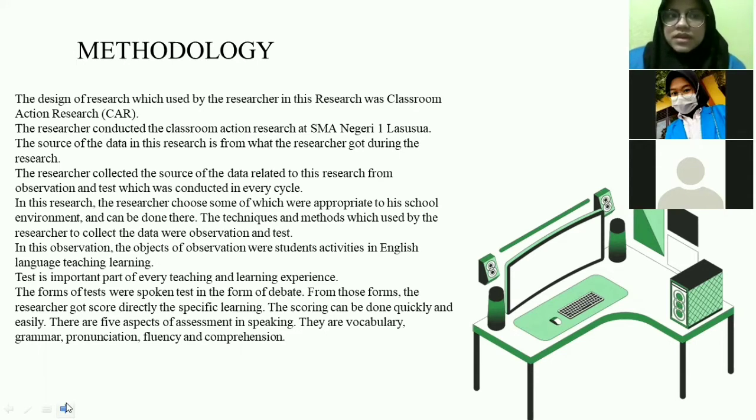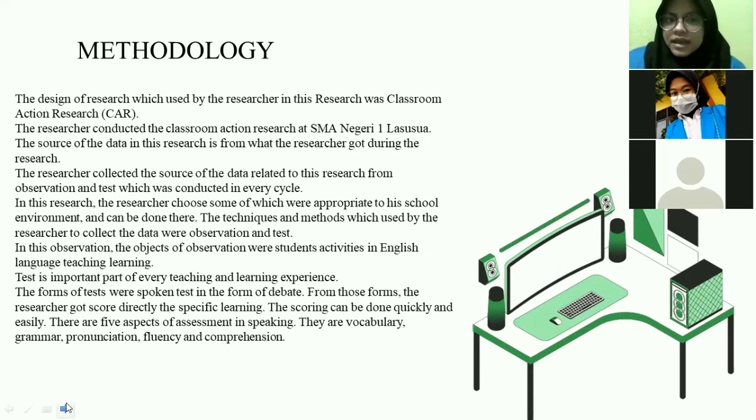The source of the data in this research is what the researcher got during the research. The researcher collected the data from observation and tests which were conducted in every cycle. In this research, the researcher chose some which were appropriate to his school environment and can be done there.